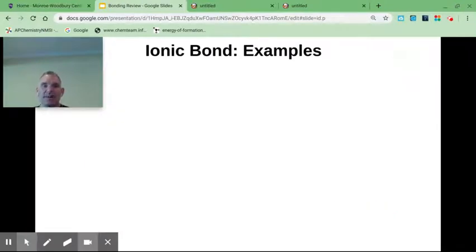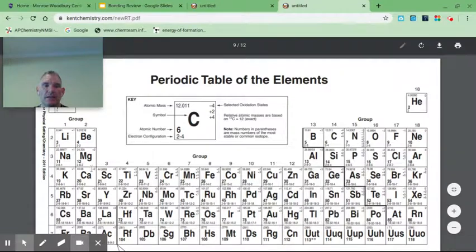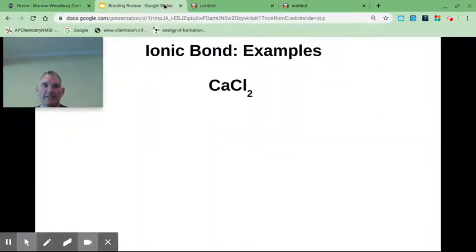Last of our ionic bonding examples, let's look at calcium chloride, CaCl2. Again, if I go to my periodic table, calcium is on the left, chlorine is on the right, therefore it's a metal, non-metal.